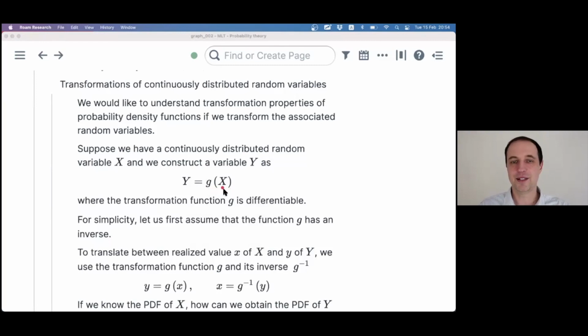Then you can have some variable x that's drawn from some completely random distribution that you specify. And your neural network G can produce some other random variable that can have very interesting properties. It can be an image, it can be a photorealistic image. So if you want to look at the math related to generative adversarial networks, you probably also need to understand the kind of math we will discuss here.